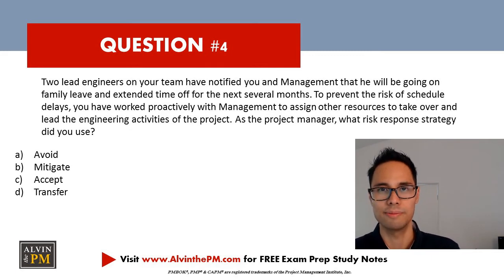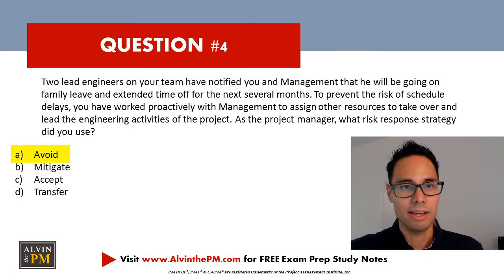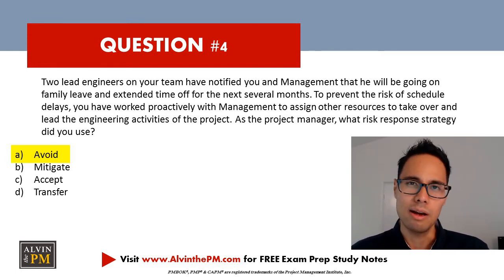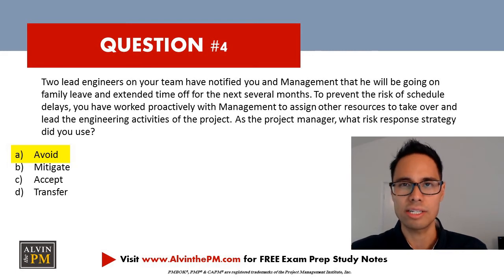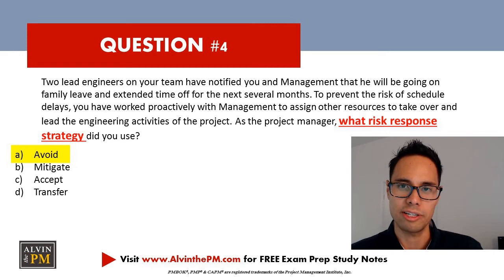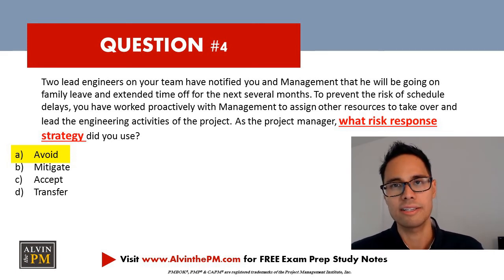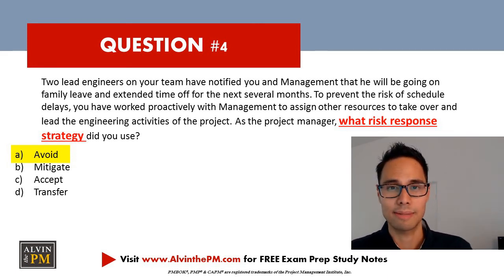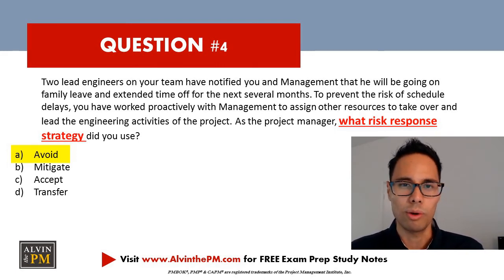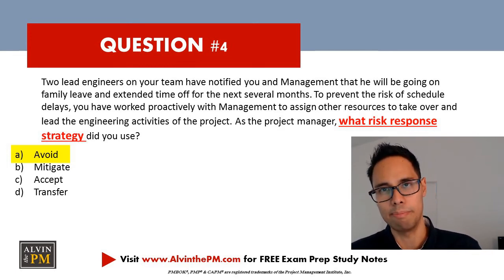The correct answer is A. This may seem like a really tricky question because it's very wordy and convoluted, but remember, focus on what exactly the question is asking you. We're being asked, what risk response strategy would you use to prevent these schedule delays? To master these types of questions, applying your knowledge of risk management makes sure you understand and can apply what each type of risk response strategy means.